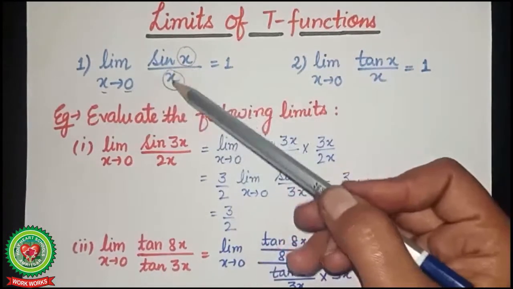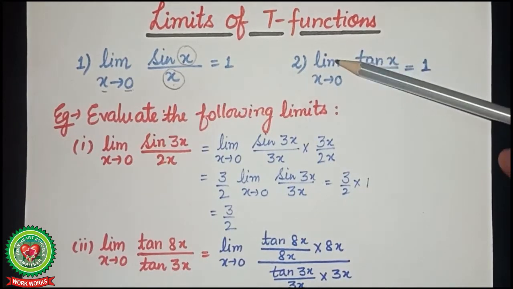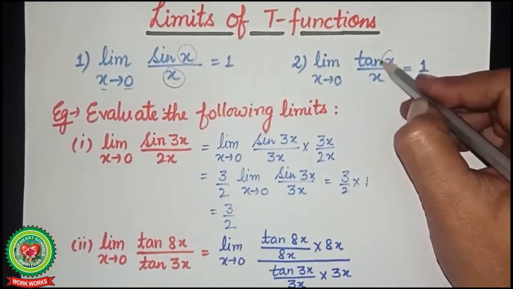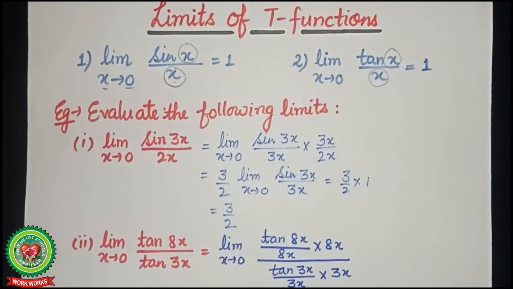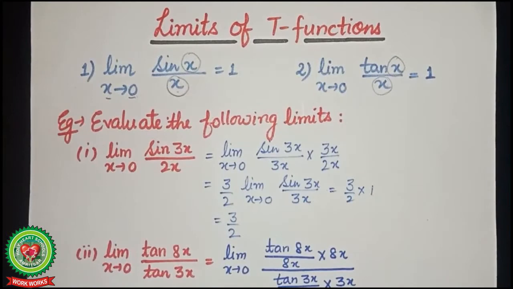Then its limit is equal to 1. Similarly, for the tan function also, the limit as x approaches 0 of tan x upon x is equal to 1. For limits of trigonometric functions, we have only two formulas.